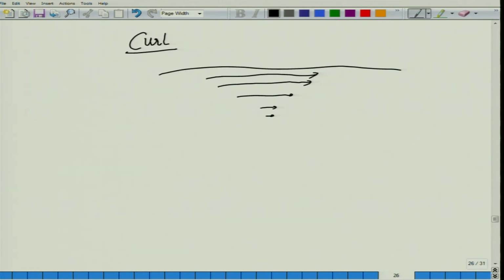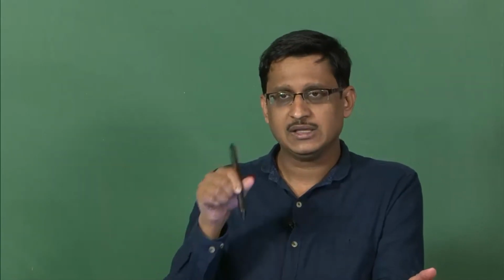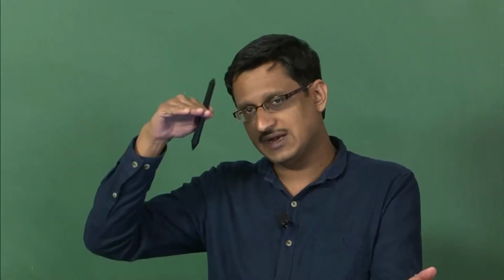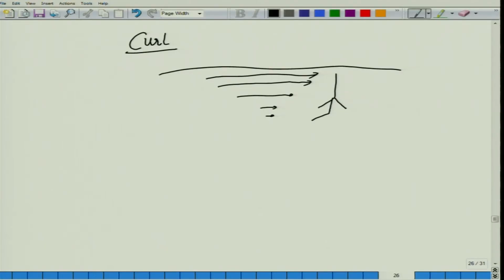So, imagine that you are moving inside a submarine or something, and measuring the water current. The water will be very fast at the surface, and as you go down the water current will be reasonably small. Then imagine that there is a paddle wheel here, connected with a string to a paddle.